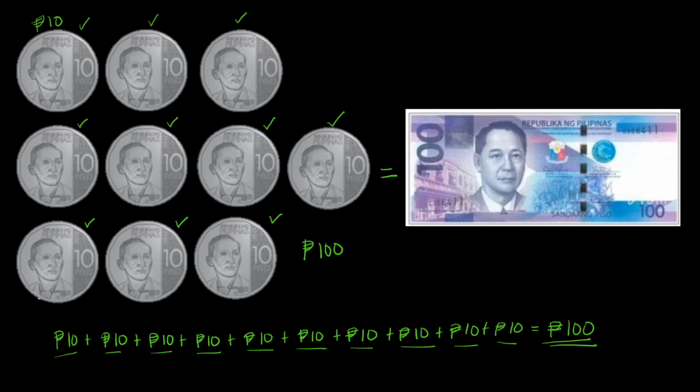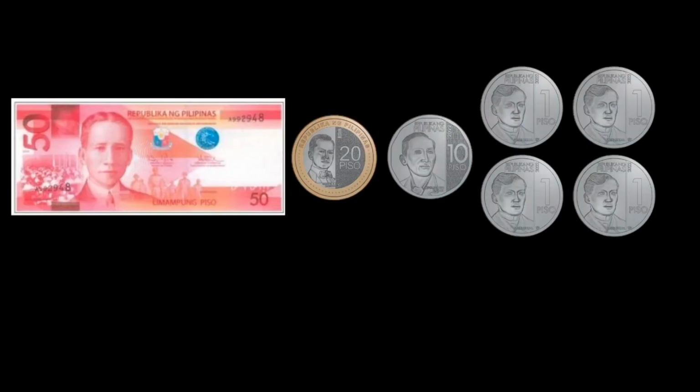Let's have another example, but this time it will be composed of different bills and even coins with different denominations. In this example, what is the total value of the money shown? So let's try to get the value of each denomination. For this bill, we have 50 pesos. This coin is worth 20 pesos.